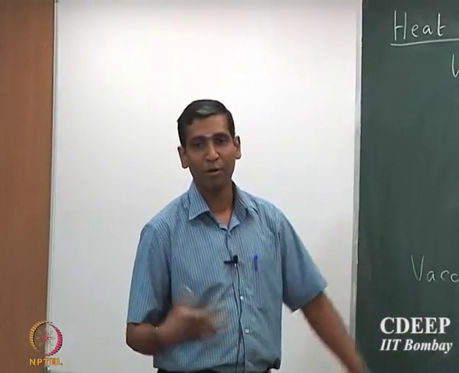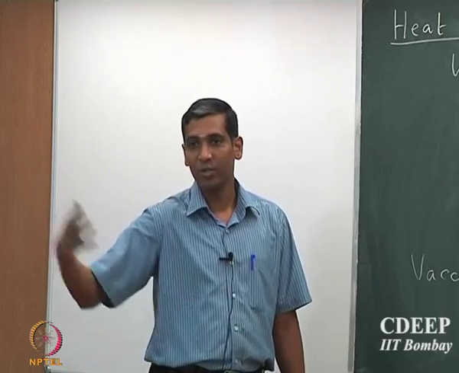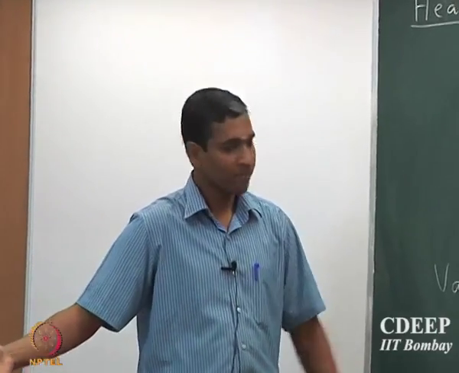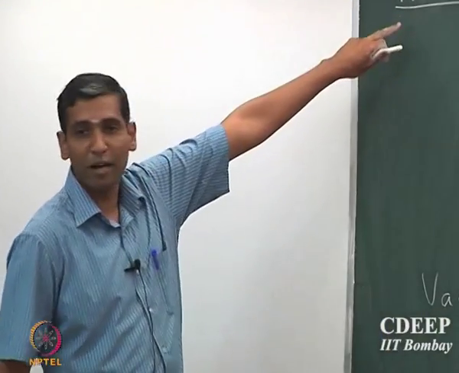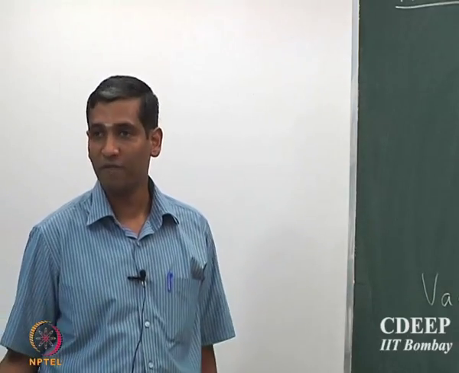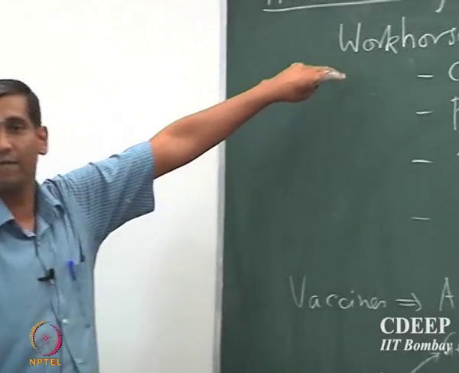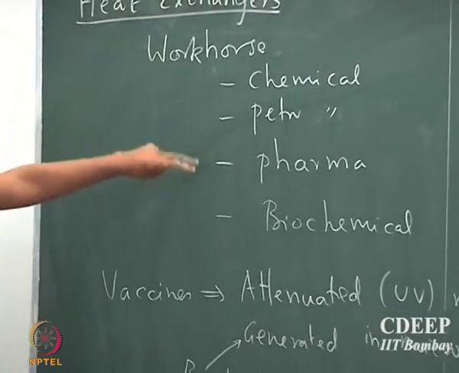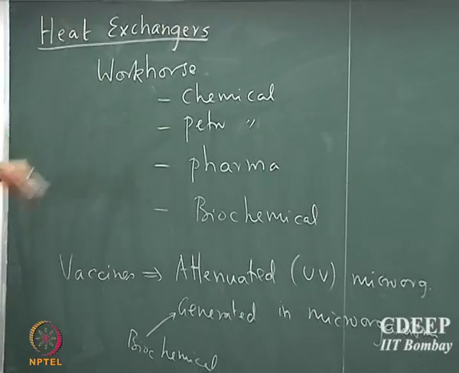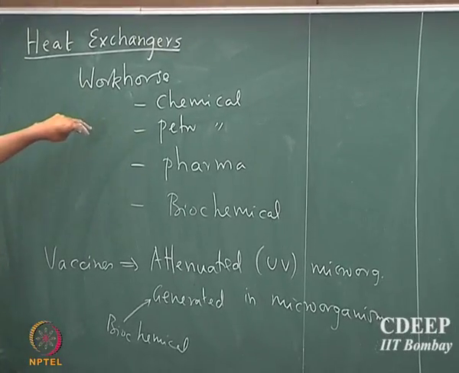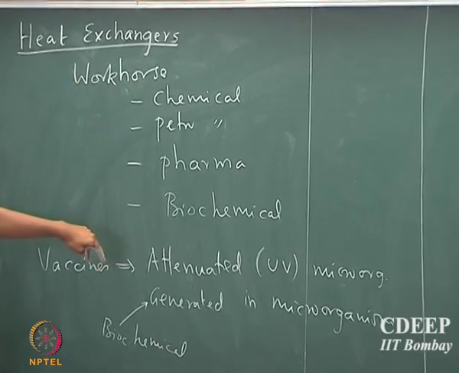You will see a lot more about temperature controlled reactions in your reaction engineering class, but it plays a very strong role here. So heat exchangers are used in order to heat some of these fluids, and therefore you can see that they are ubiquitously found in a lot of industries, which is useful. In fact, we do not know that heat exchangers are used in several of these places.